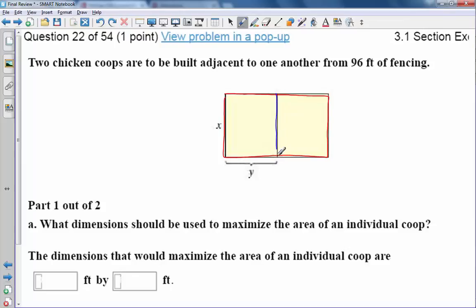There is also a fencing required here, blue and red pieces. In total is 96 feet long. This is how much material you have. What dimensions you think you need to choose for X and Y so that you can build the maximum area?